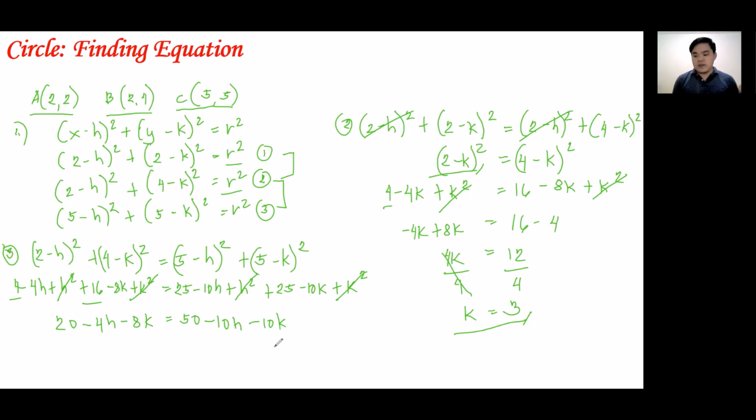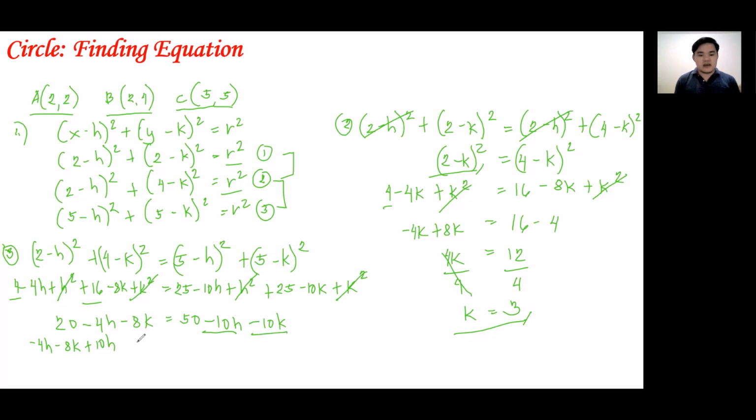Okay, now based on this one, we're going to combine them. We're going to put all of the variables on the left side and all of the constants on the right side. So that is now negative 4h minus 8k. Transposing this one will become positive, so that is positive 10h.